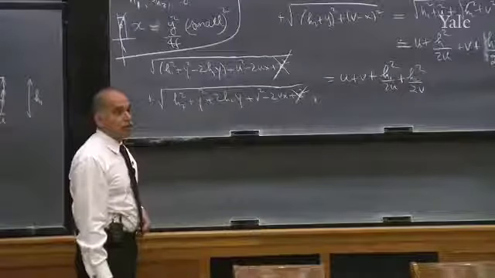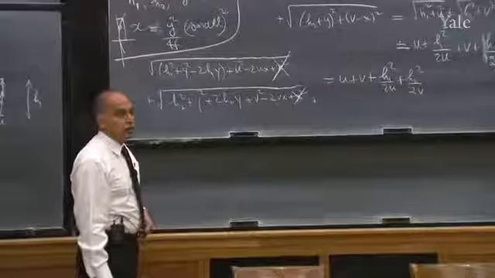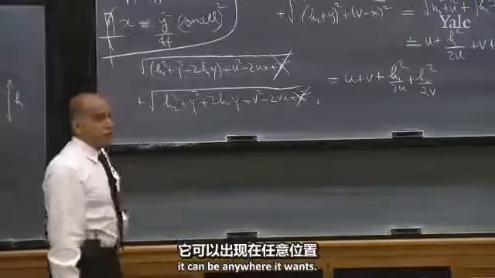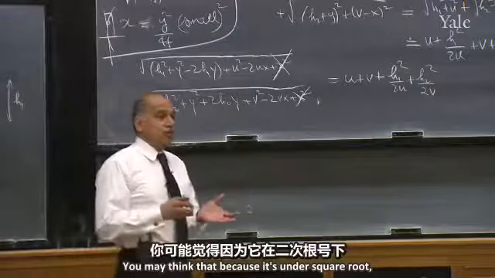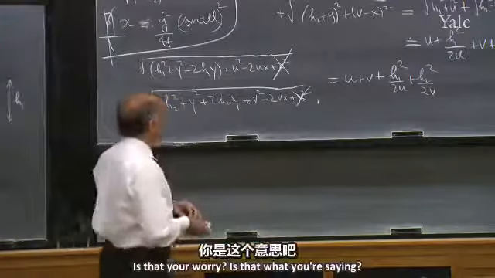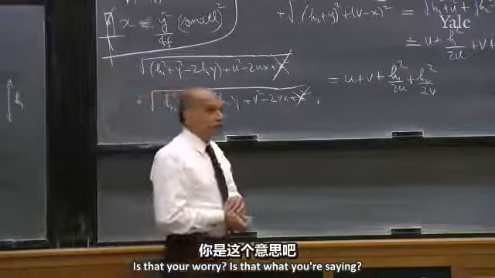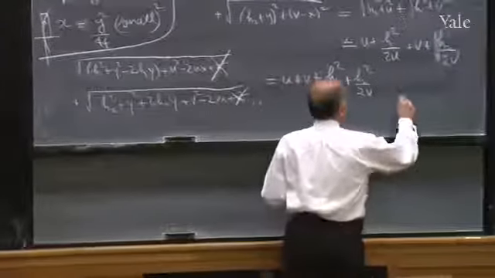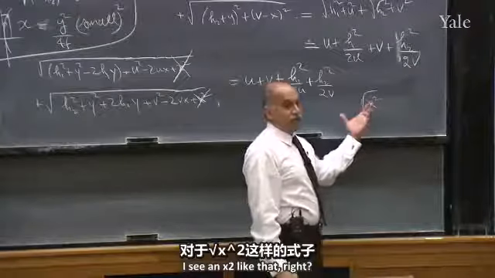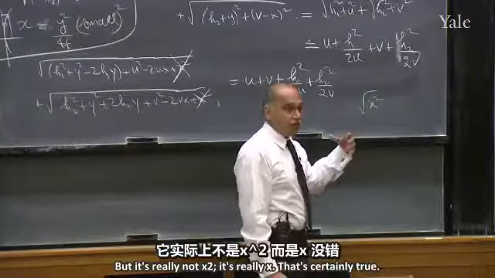Yeah, it can be anywhere it wants. You may think that because it's under square root, when you take the root of it, it may become x. Is that your worry? Your point is, I see an x squared like that, but it's really not x squared, it's really x. That's certainly true.